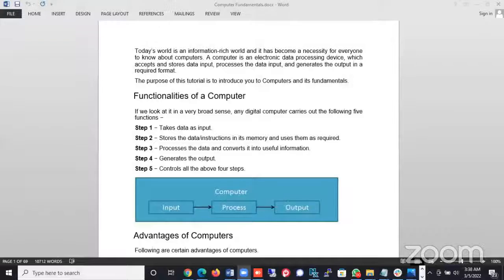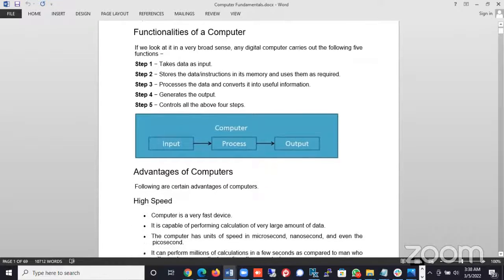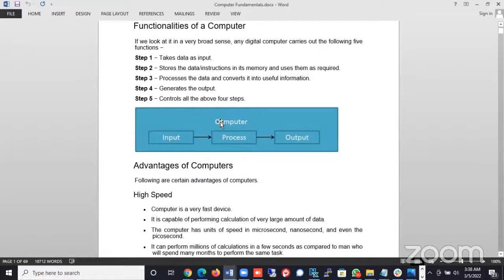So when you see the agenda, when you see the functionalities of a computer, I'm going to share my screen. It is just simple. When you look at this broad set, you will see that a computer has input, a process, and an output.